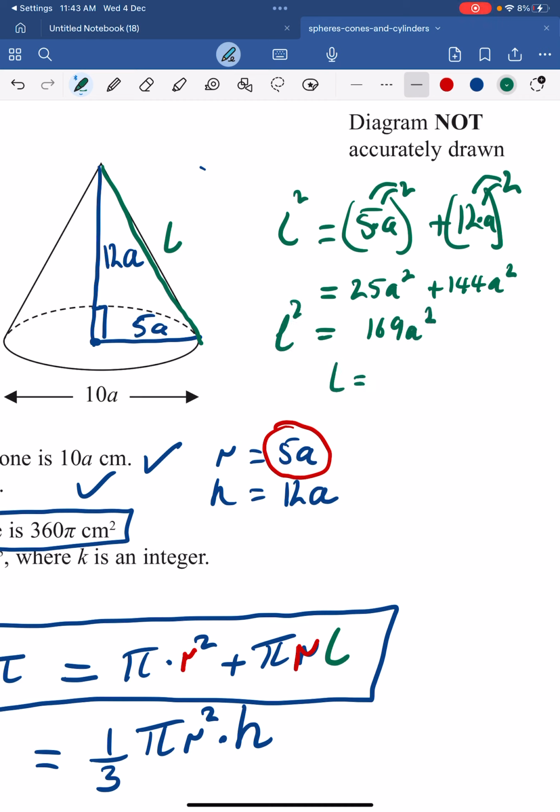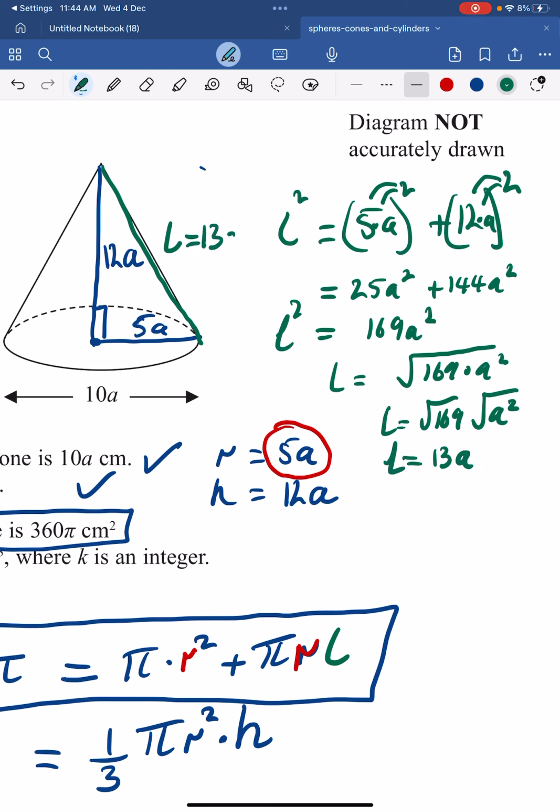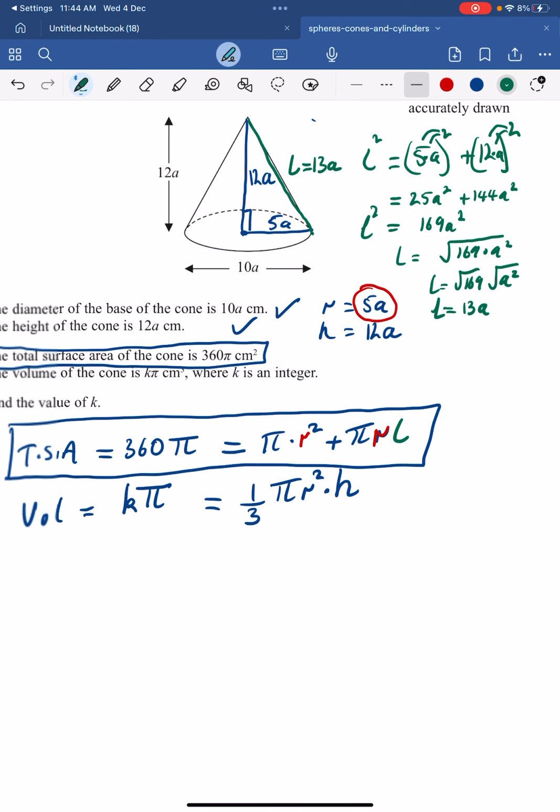So therefore L is the root of 169 times a squared. And again, we can distribute that root over both factors, right? And this is 13a. So L is 13a. I'll put that on here.